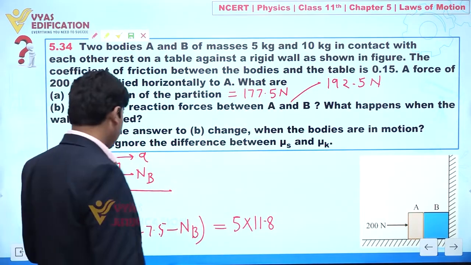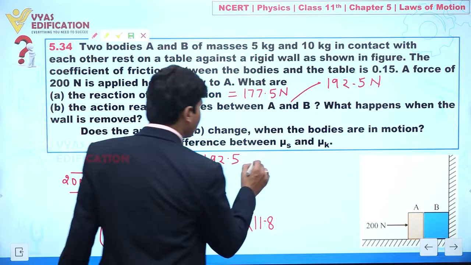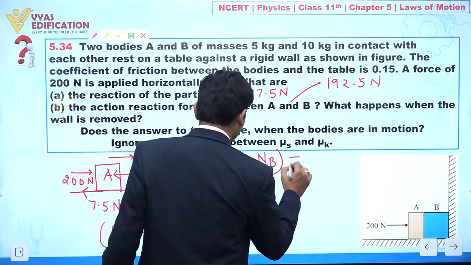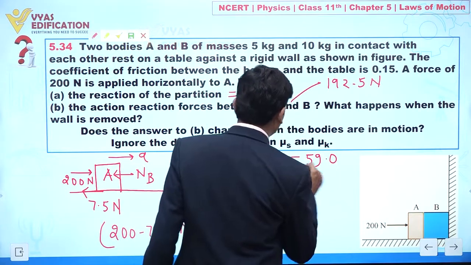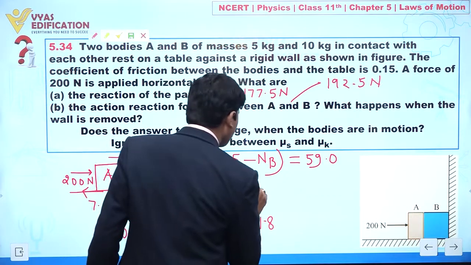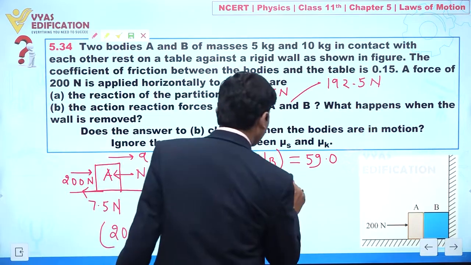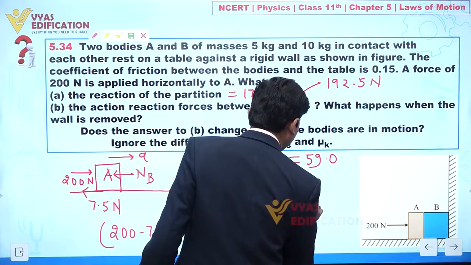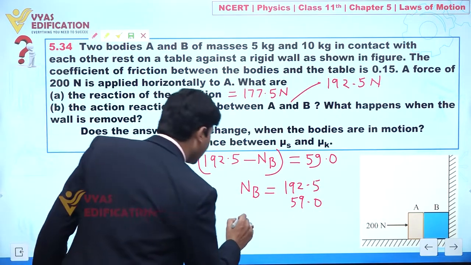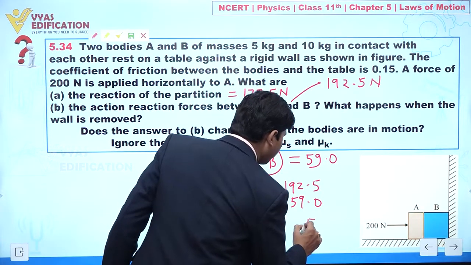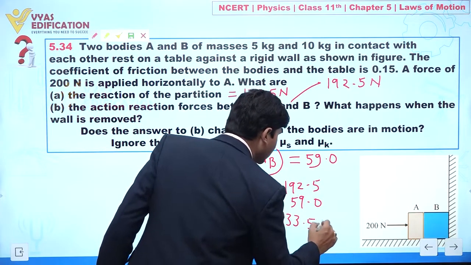So from here, 192.5 minus NB should be equal to 59.0. So the value of NB is given by 192.5 minus 59, which is 133.5 Newton.